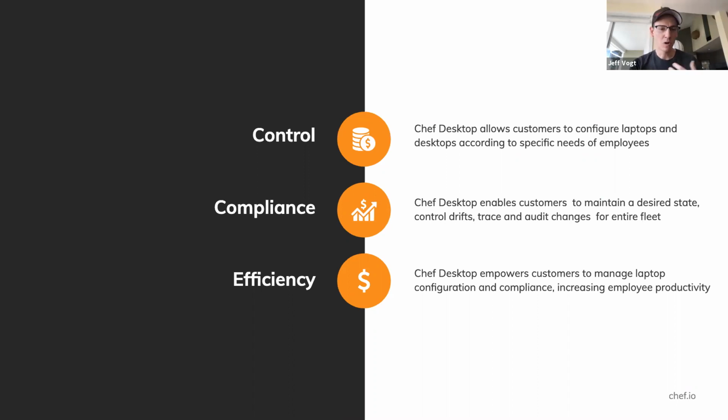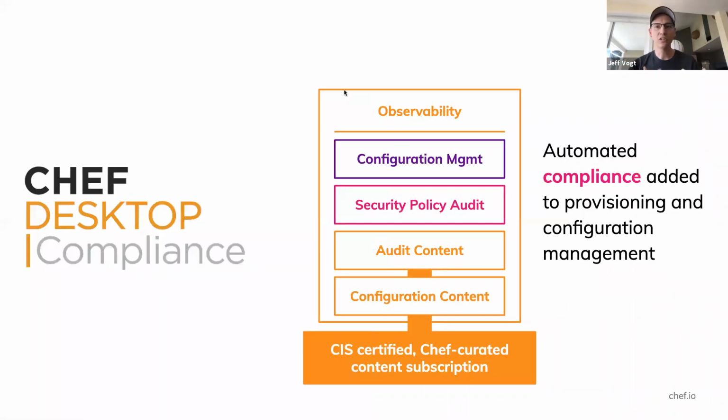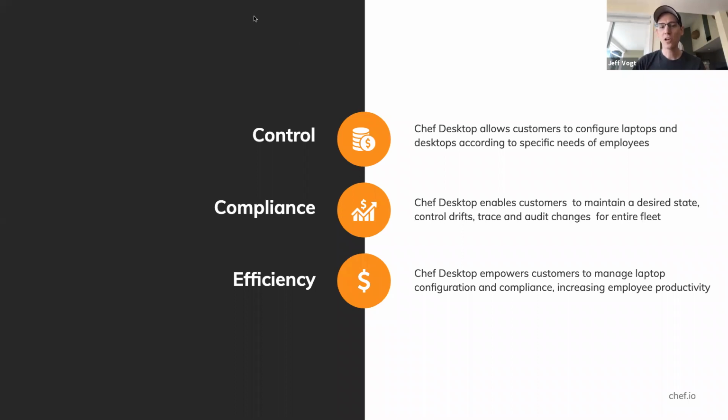And Uber's one of our newest customers, and they've been using Chef for desktop for a very long time as well. And it really is centered around efficiency. If you look at the pattern of using Chef to manage machines in a data center, that's something that's existed for somewhere around 10 years.